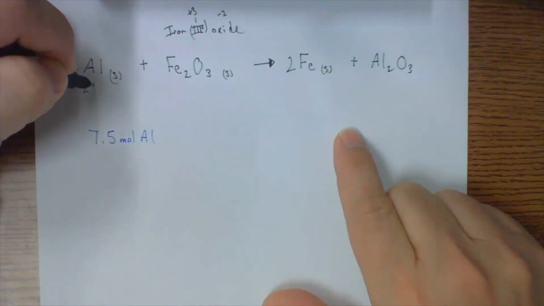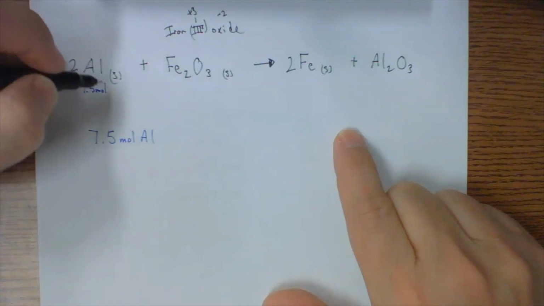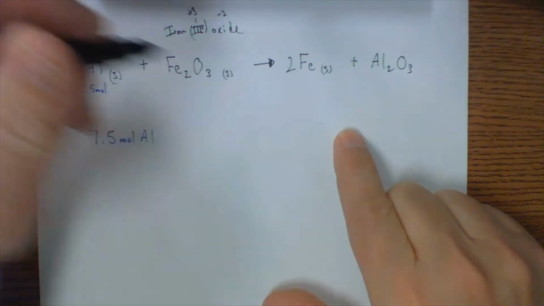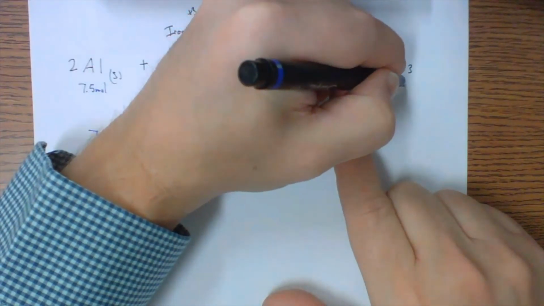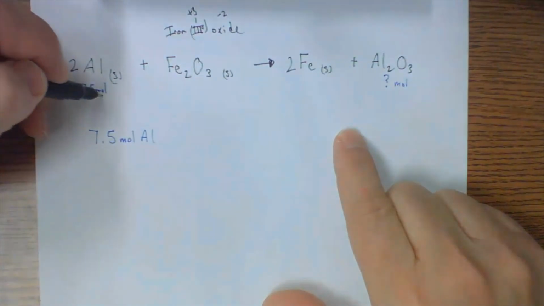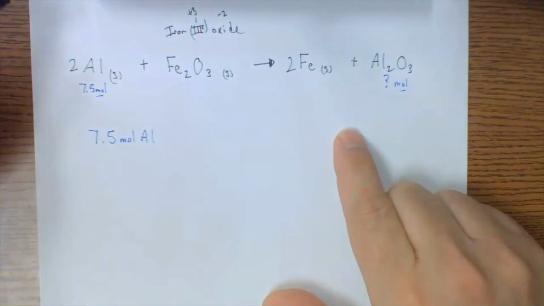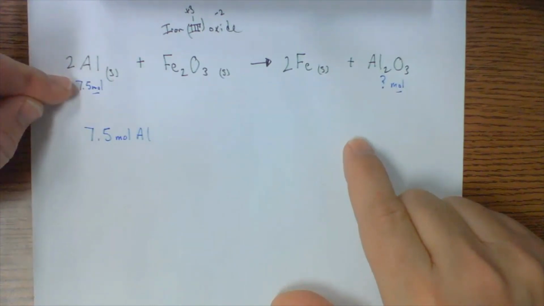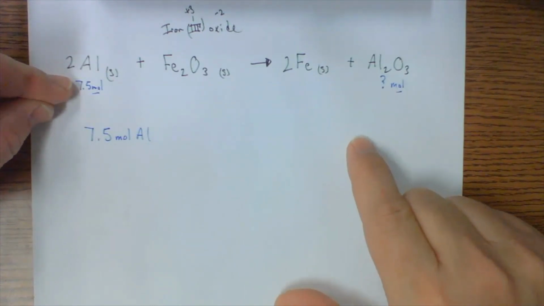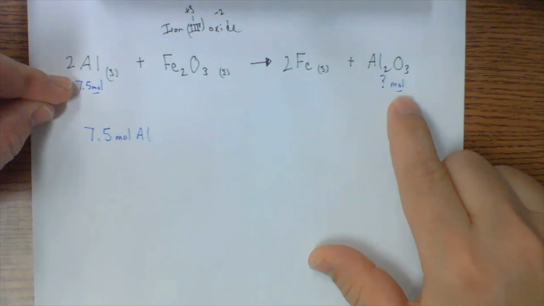I have 7.5 moles of my aluminum. I'm writing it below the point here in the balanced chemical equation. I'm going to put my question mark over here, and I want to know moles over here. So I'm using labels a lot. And that's going to be another key thing when you start to set these stoichiometry ones up. I want to go from 7.5 moles of aluminum to some number of moles of aluminum oxide.